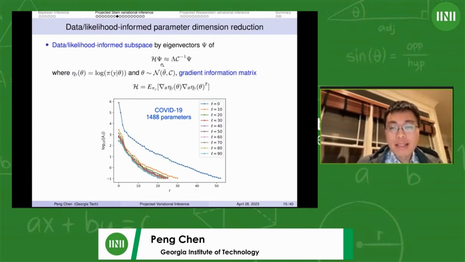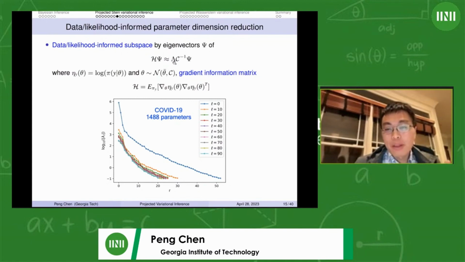So you can solve this generalized eigenvalue problem. On the left-hand side, it is measured by this gradient information matrix. You have the gradient of the potential, where the potential is given by the log of the likelihood function, and you have this matrix. Then you can solve the generalized eigenvalue problem.